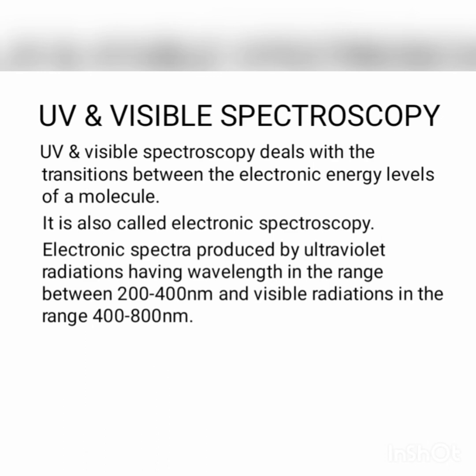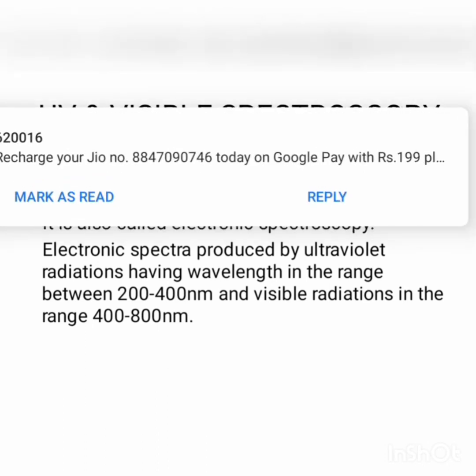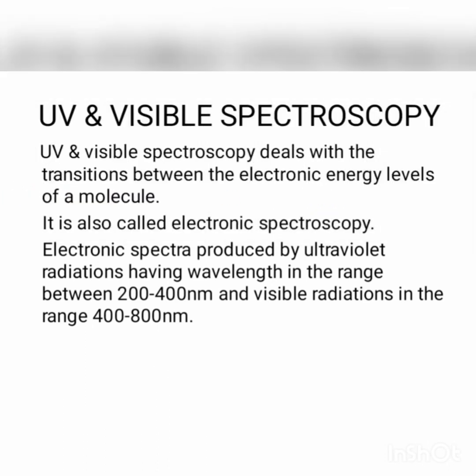Ultraviolet radiation and visible radiation have different frequencies. If the molecules absorb in 200 to 400 nanometers, that is UV spectroscopy, and if in 400 to 800 nanometers, it is called visible spectra. In the next class we will discuss the types of transitions, how the electrons move from one state to another state.